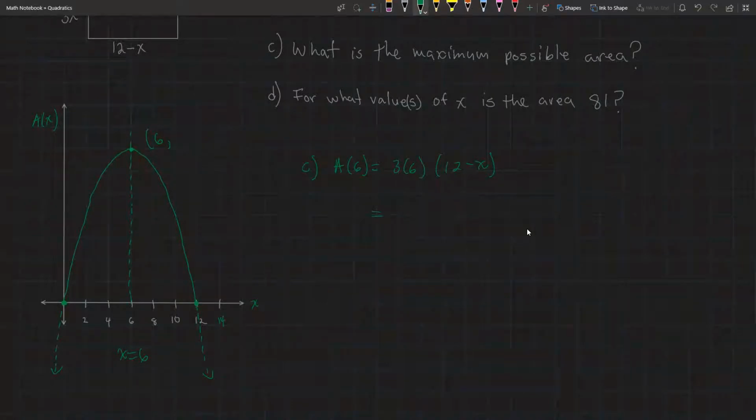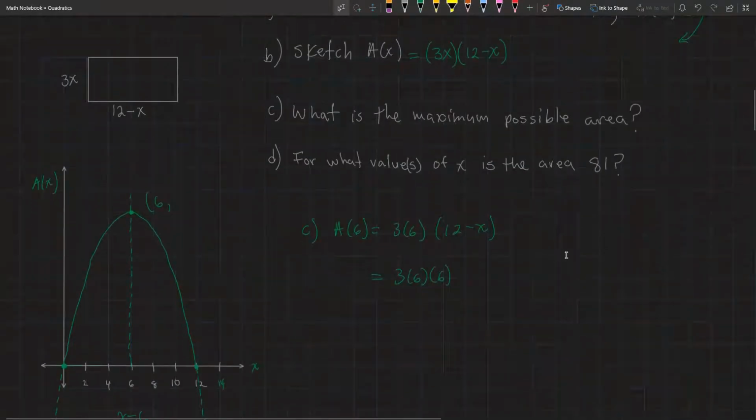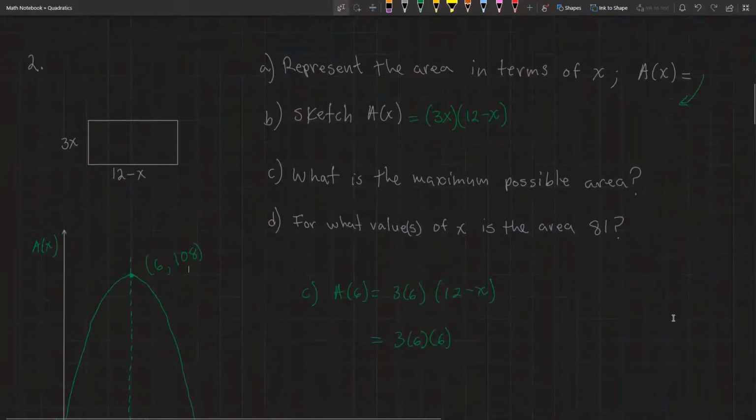That is 3 times 6 times 6, which I think is 108. Verify that for yourself, and then I'll give you some time to try the next one. See if you can do it before me.